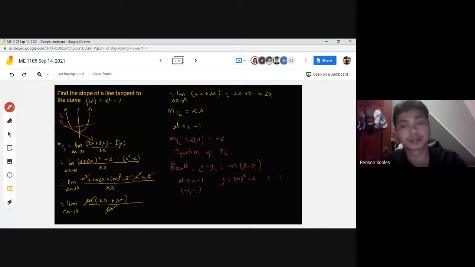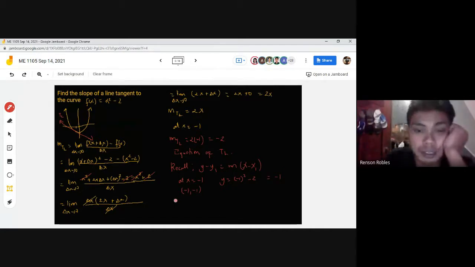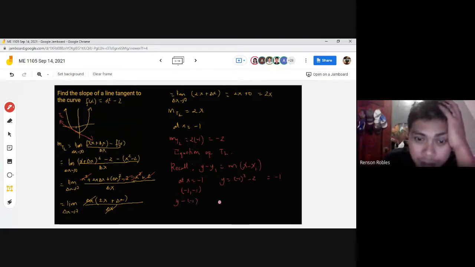Okay? And then you can now draw the equation of the tangent line. y minus y1, which is negative 1, equals the slope of the tangent line, negative 2, times x minus x sub 1. And then simplifying, you have y plus 1 equals negative 2x.